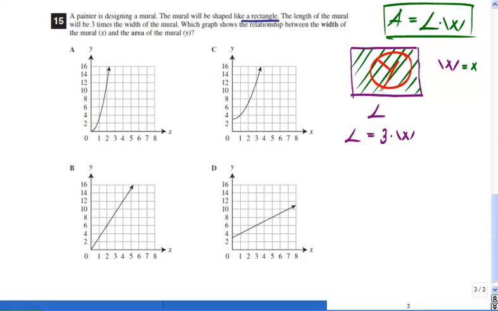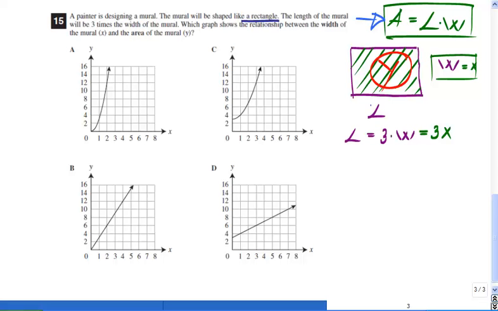Now, let's get back to what is given to me. The width will be x, which means my length, 3 times the width, is going to be 3 times x.